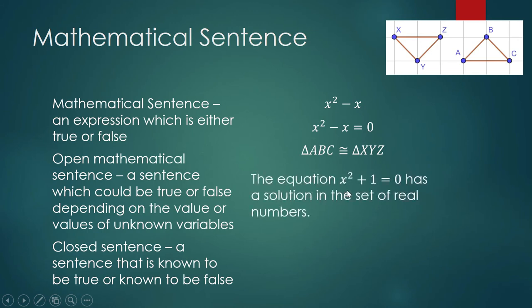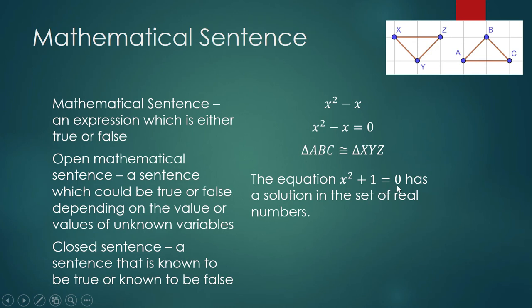The equation x squared plus 1 is equal to 0 has a solution in the set of real numbers. Is this a sentence or not? Obviously it is a sentence because it sounds like a sentence. And yes, it is a math sentence because this one can be either true or false. But is it true or is it false? This one is false. Think of any real number, you square it and you add it to 1, what's going to be the result?